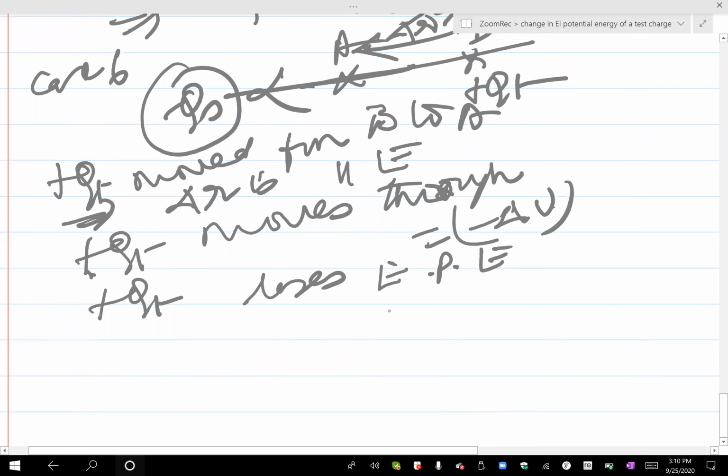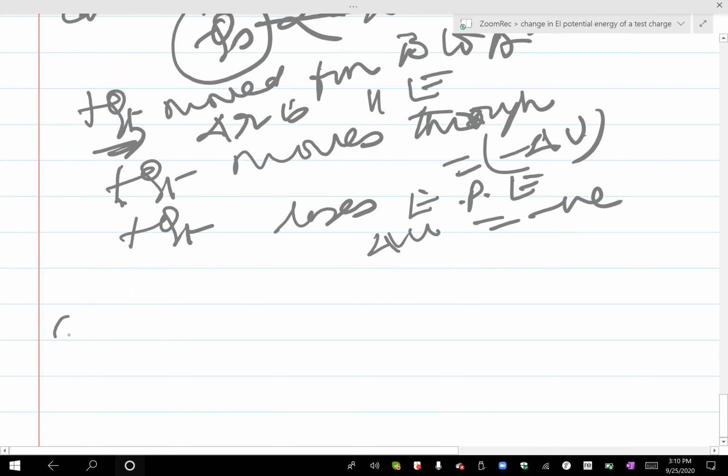That is delta U is negative. This is case 6.